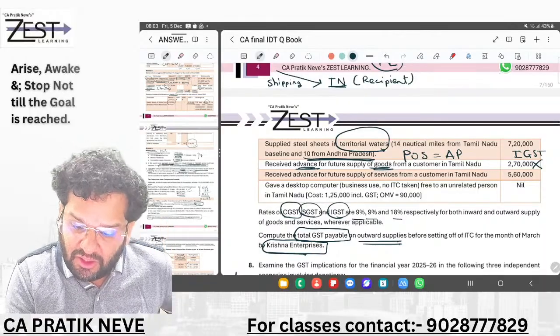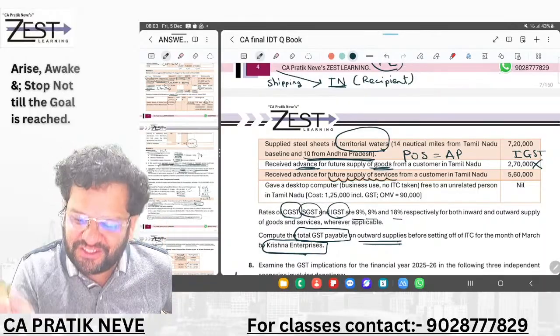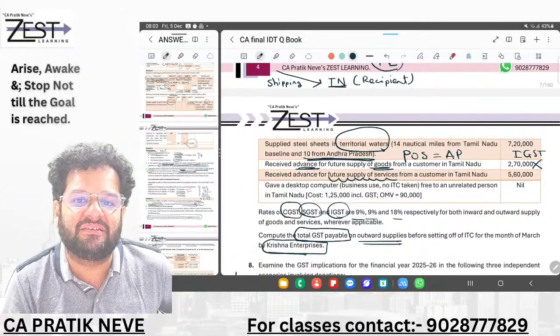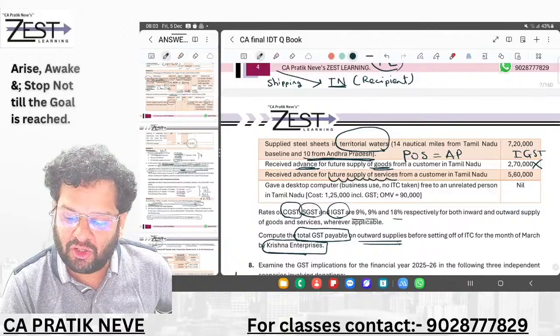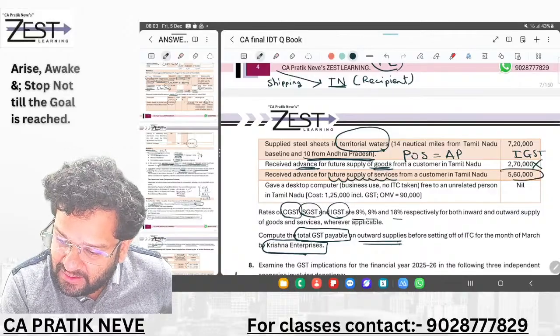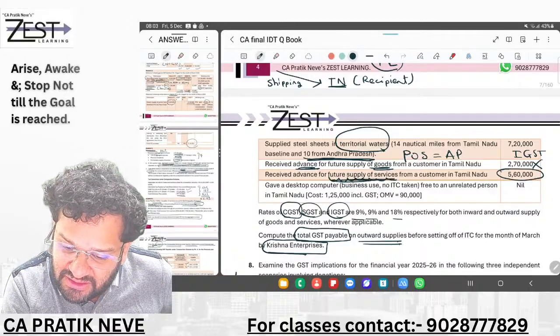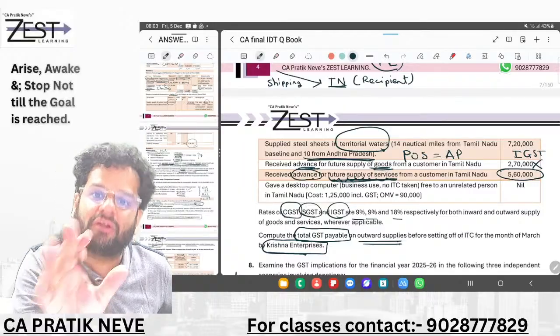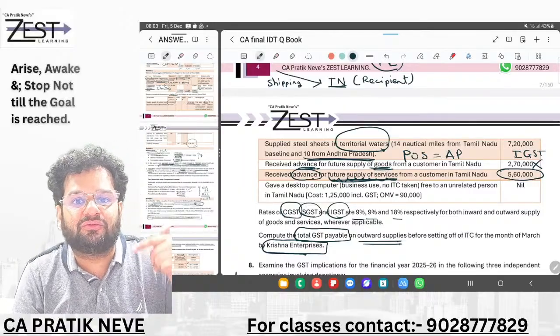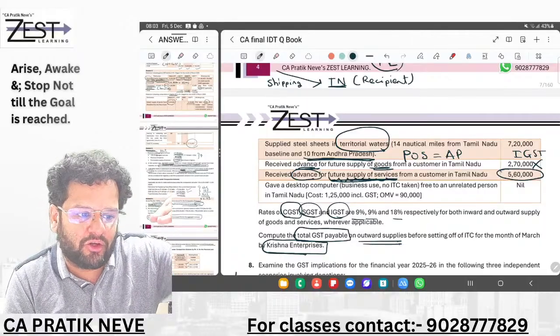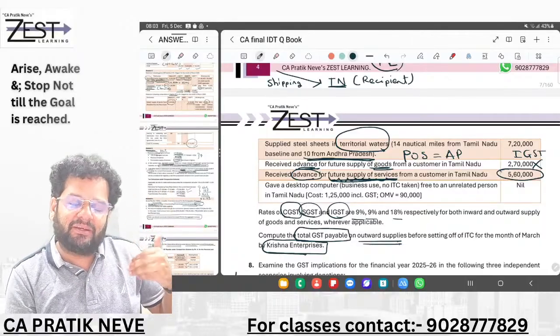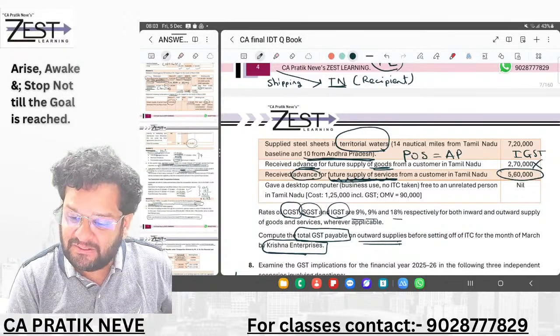Received advance for future supply of services. Surely there is GST in this. Right now I have to pay GST on this, because time of supply in case of services depends on date of receipt of payment also, because it is date of issue of invoice or date of receipt of payment, whichever is earlier.